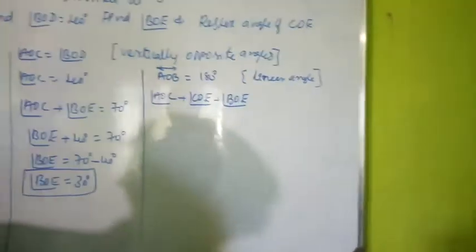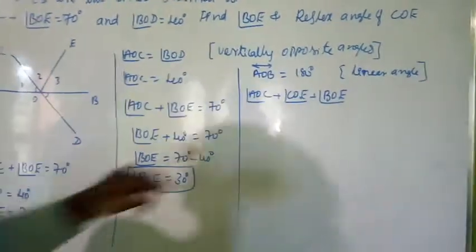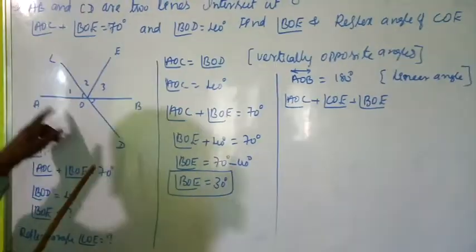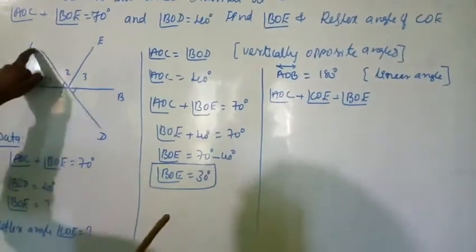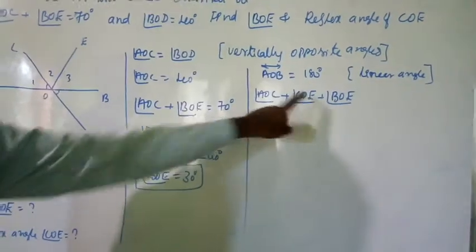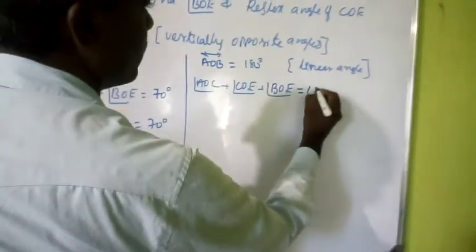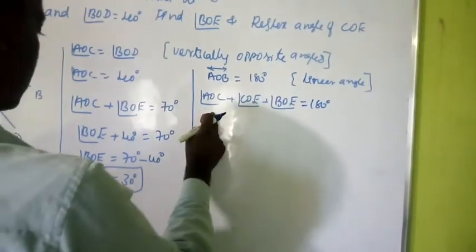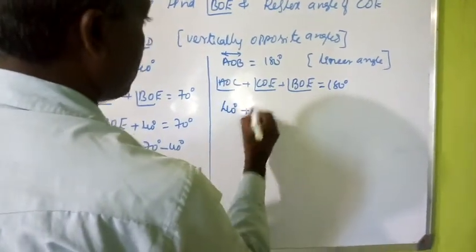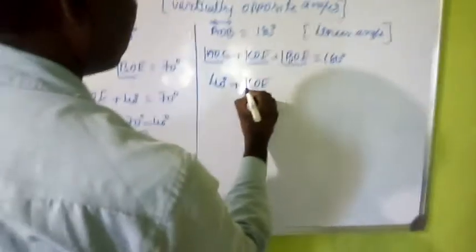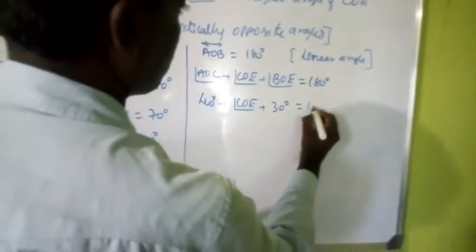Just observe, friends, angle AOB is 180 degrees, because a straight line always represents 180 degrees. So on this straight line, angle AOC plus angle COE plus angle BOE, these three angles, are always equal to 180 degrees. We already know angle AOC is 40 degrees, plus COE which we want to find, plus angle BOE is 30 degrees, is equal to 180.